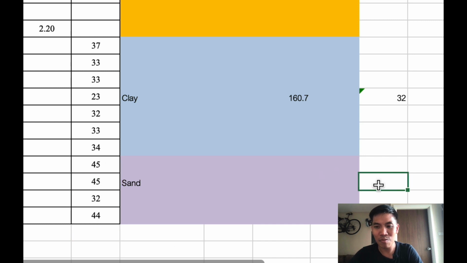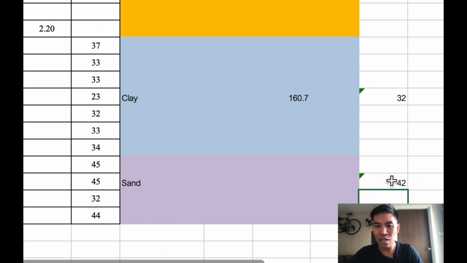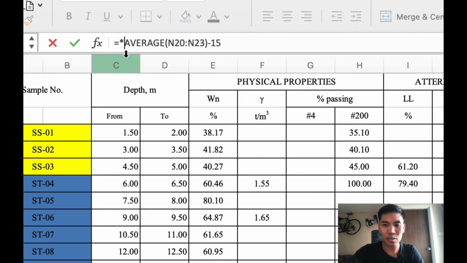So first you have to make the correction. Average first. Average of this one. And what next? I have to make the so-called correction, N correct, N minus 50 over 2 plus 50.